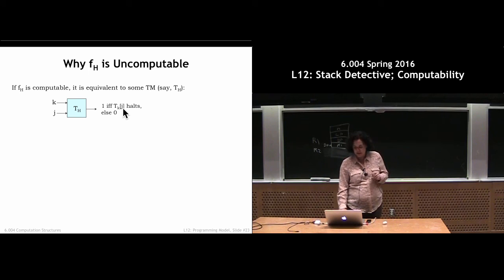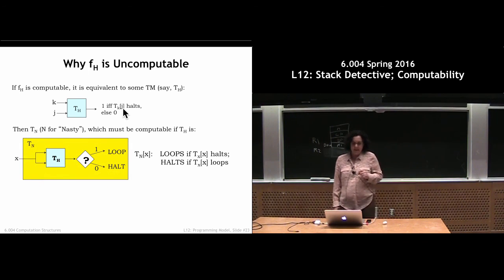Well, if I can build such a machine, then that implies that I can also build this Turing machine T of N, where N stands for nasty here. And the way that I would build this is I would basically feed an input x as both my k and my j inputs to this Turing machine H. And what I want to have happen is that if the output of Turing machine H is a 1, then I want this Turing machine N to loop.